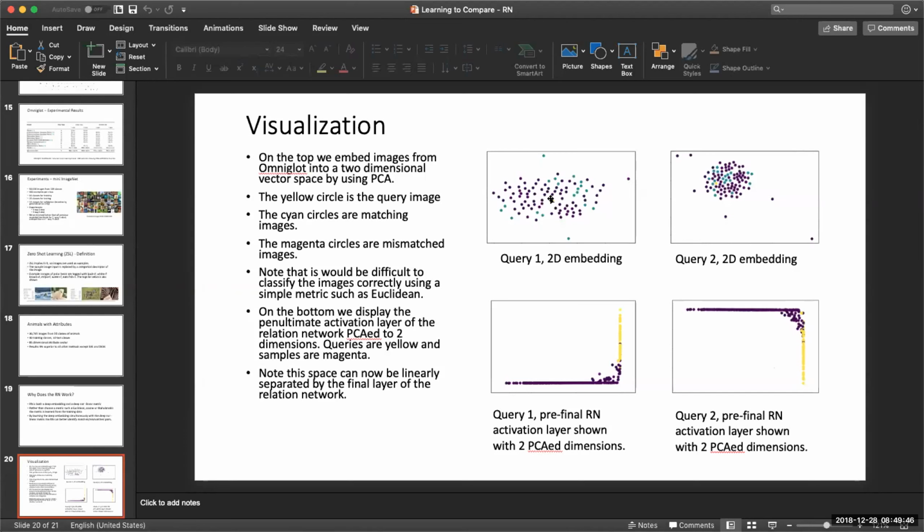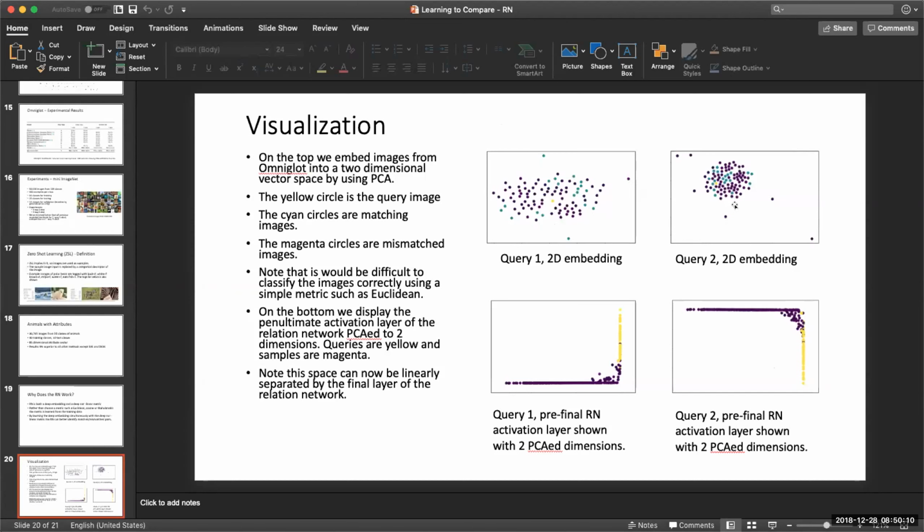This yellow circle here is the query image, and the cyan circles are matching images in terms of the class, and the magenta are mismatched in terms of the class.